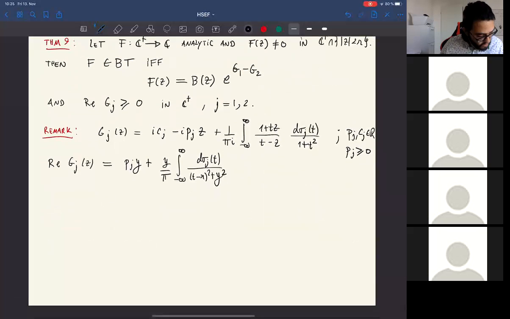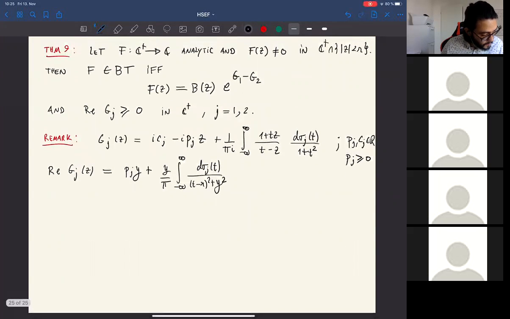Great. So what de Branges does is the following. Let me take my notes. He defines H to be, and I have to be careful now, so I get the same H. I'm writing G1 minus G2, so I guess the H should be P2 minus P1.